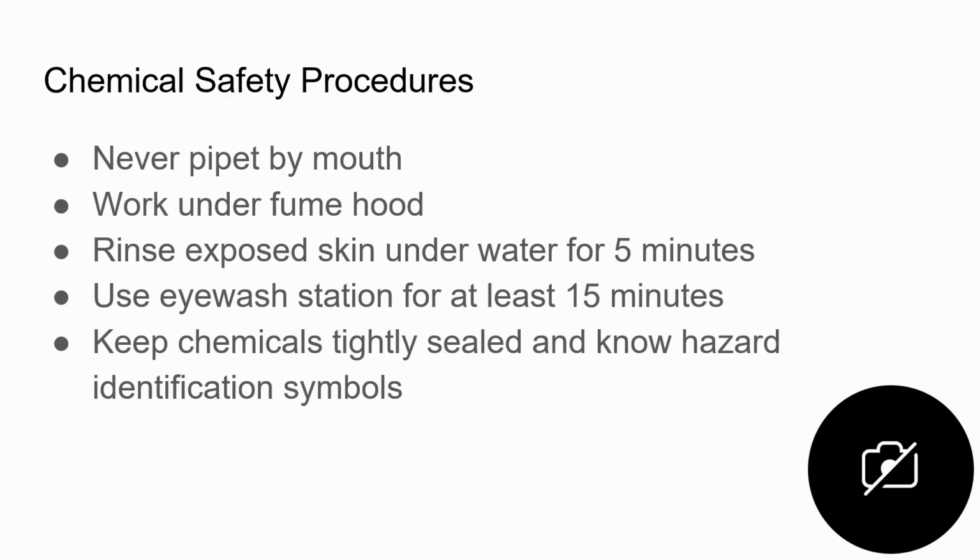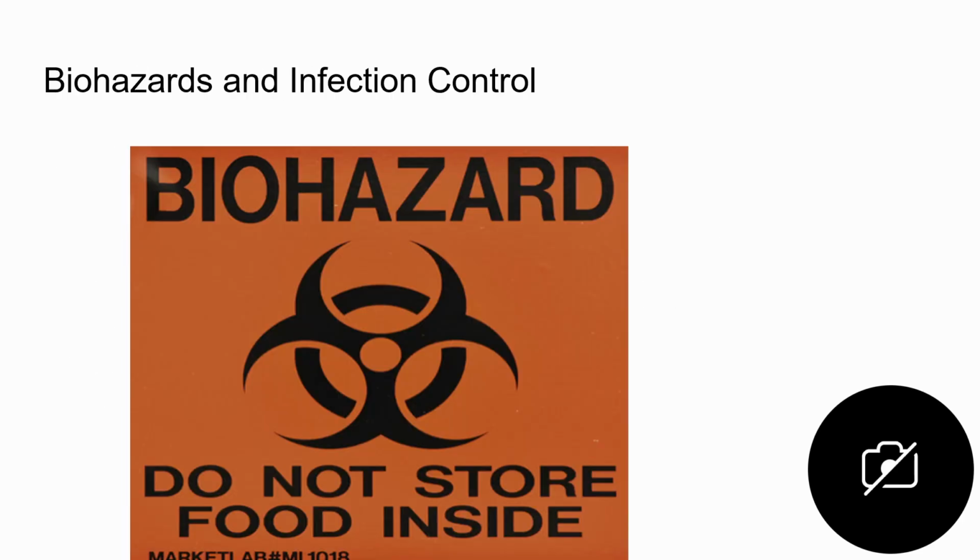Keep chemicals tightly sealed and know the hazardous identification symbols. It doesn't make sense to memorize all the symbols, just the chemicals that you're using in your facility. I'm sure everybody knows this sign here, biohazard: the red sign with the three semicircles and a circle in the middle.